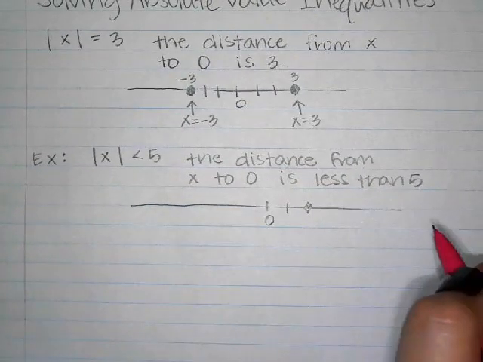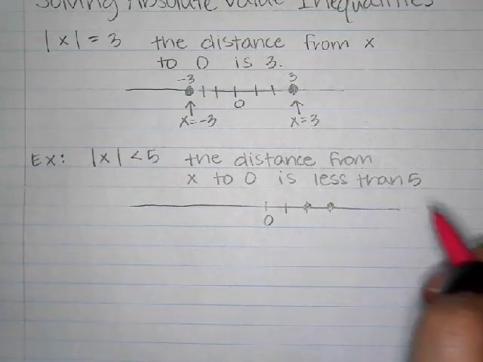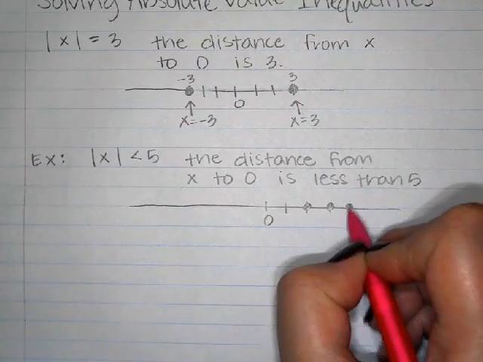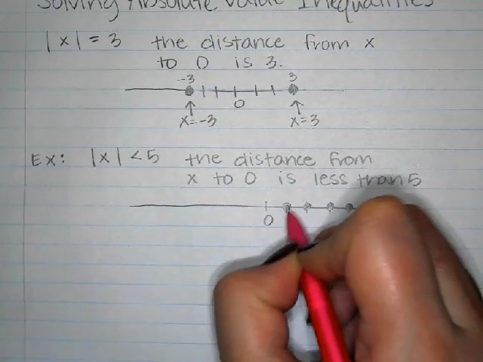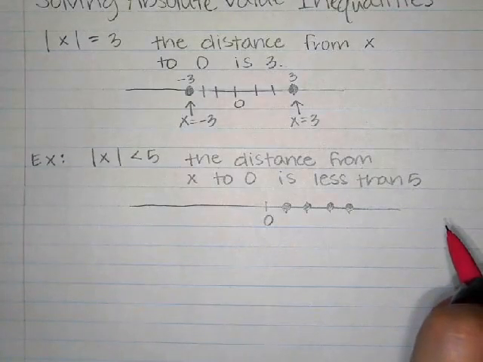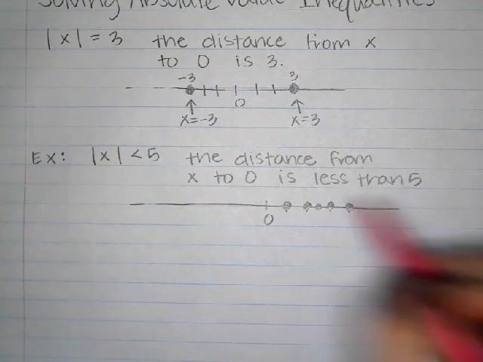Give me another number. 3. The number could be 3. Give me another number. 4. The number could be 4. 1. The number could be 1. What about 2.5? Okay, 2.5 would work.